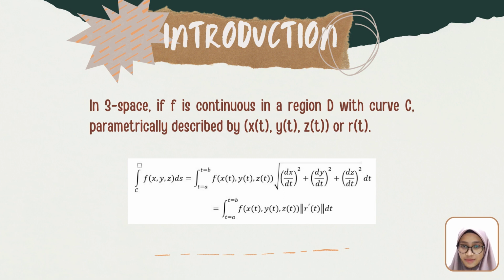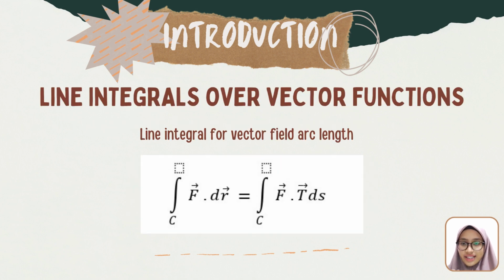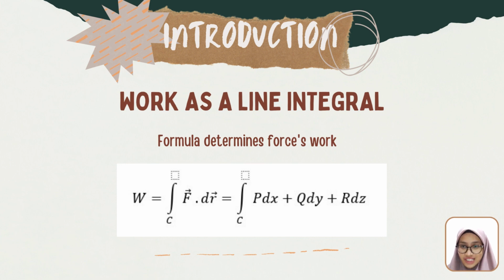However, in three-space, if f is continuous in a region D with curve C, parametrically described by x(t), y(t), z(t), or r(t), this is the formula. The next one is line integrals over vector functions, and this is the formula for line integral for vector field arc length. Last but not least, work as a line integral. This is the formula that determines the force's work.